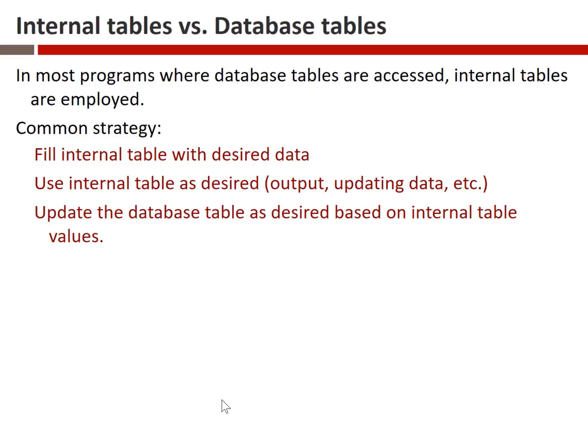You don't need to pull out what time zone they're in. So you would create an internal table that only contains the fields that you need, and you would not write a select star. You would write a select company name, street address, city, state, zip, whatever.